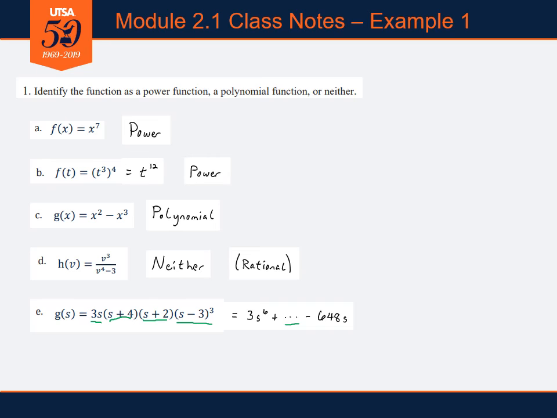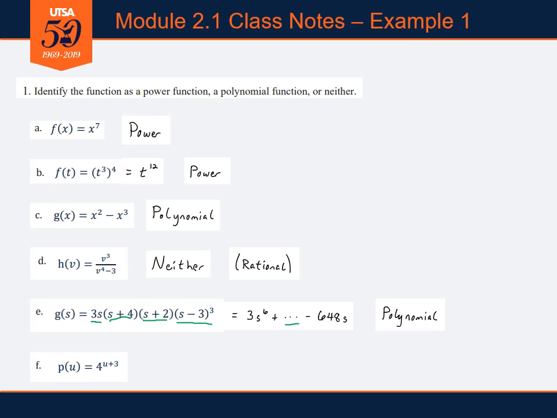I don't need any of those particular terms, but I could multiply it all out and find all the whole number powers of s that I'm adding or subtracting together and see that in fact it is a polynomial function if we do all the multiplication.